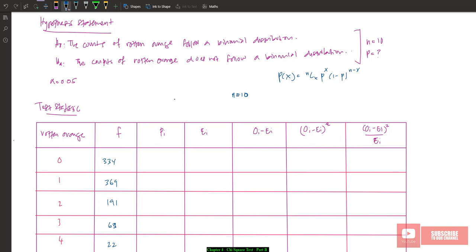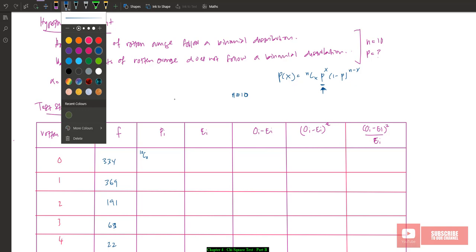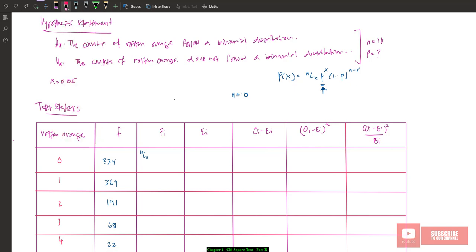Let's say for the first one, 10 choose 0 times the probability of success to the power of 0. Now here we don't really know the probability of success, right? So that is our main problem. To find the probability of success here, we can use another method.